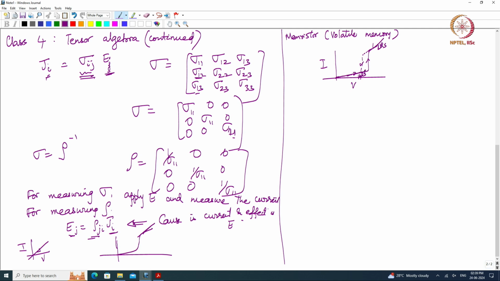So if I fix a voltage, some voltage V1, at V1 I have two solutions for current, actually three solutions. I1 and I2 are stable solutions for this device, and there is another current in between, let's call it I3, which is an unstable solution.